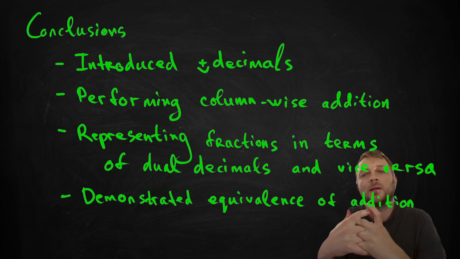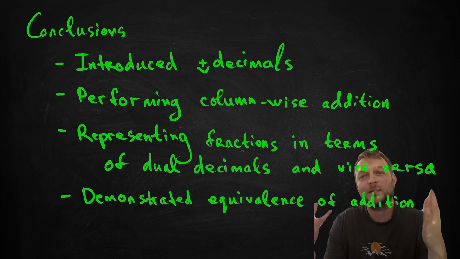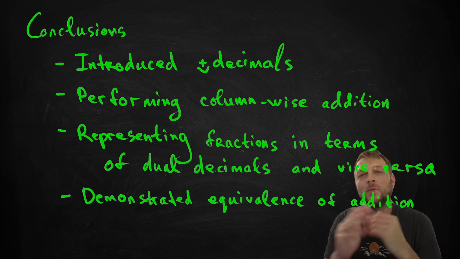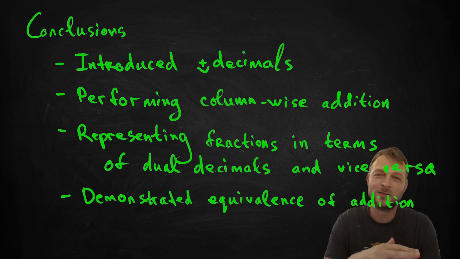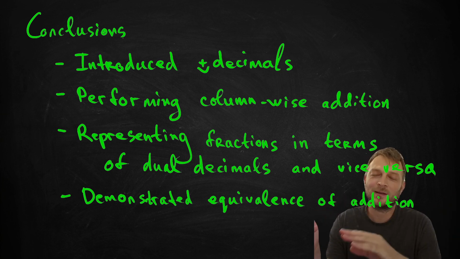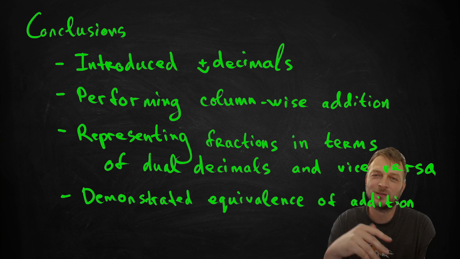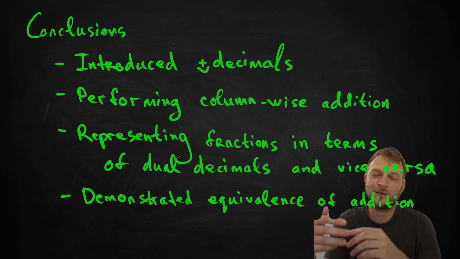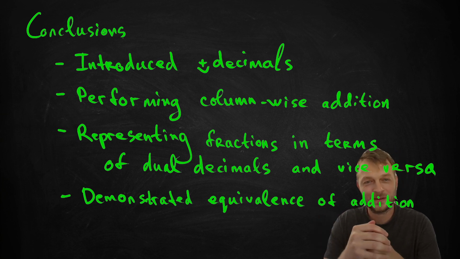So we showed how to represent, how to perform operations column-wise, how to add digits and how to do carry over to the right instead of to the left. We showed how to convert fractions to dual decimals and compared that to conversion from fractions to standard decimals, and we showed a rule how to convert dual decimals to decimals and vice versa.